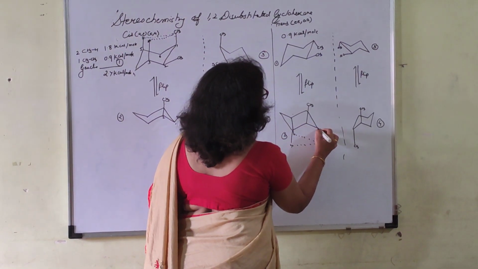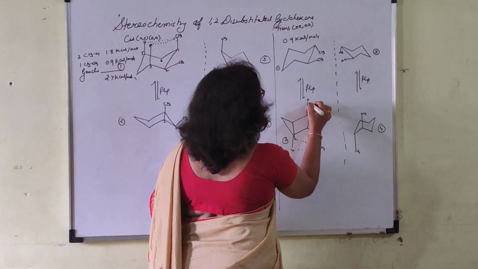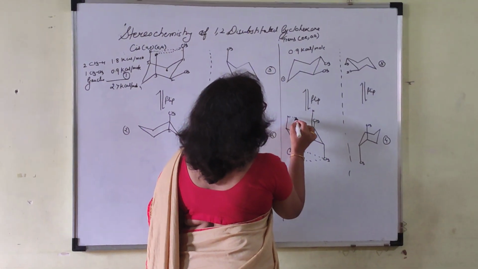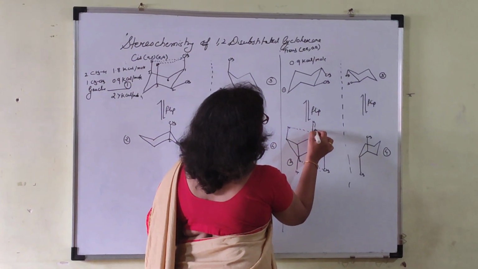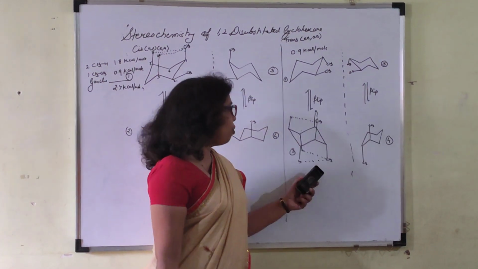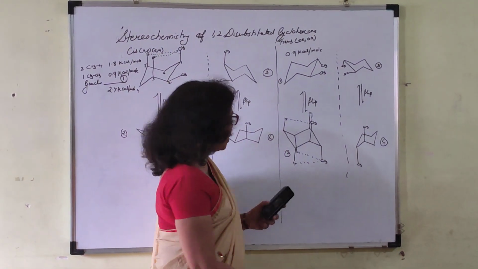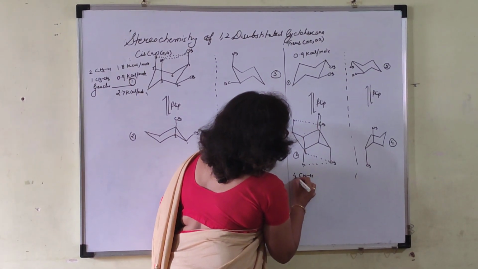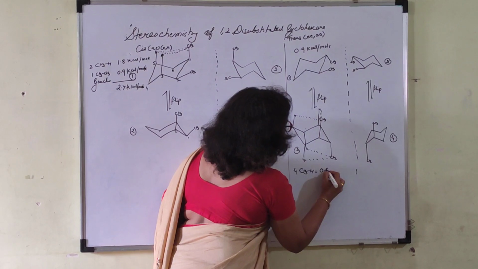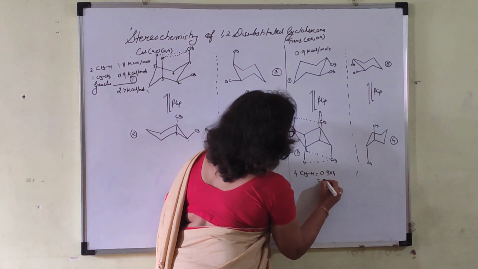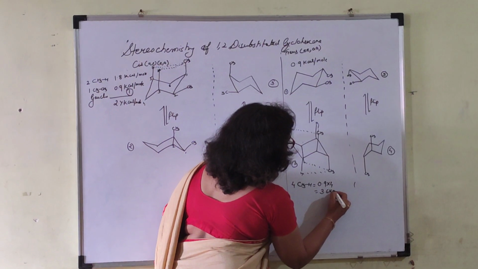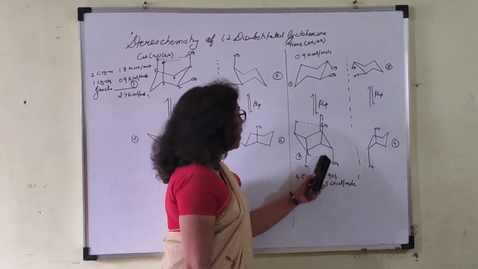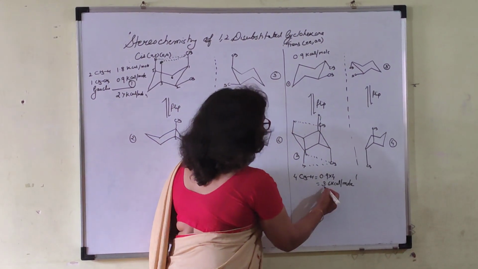Right? 1, 2 and 3. So here you have 1, 2 and 3. Here you have 1,3, 1,3. So in all there are four 1,3 diaxial interactions with respect to CH3-H. So here 0.9 into 4 corresponds to 3.6 kilocalories per mole. So the amount of energy associated with trans AA will be 3.6.